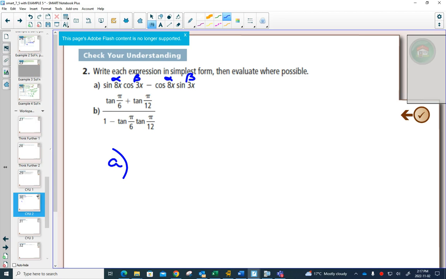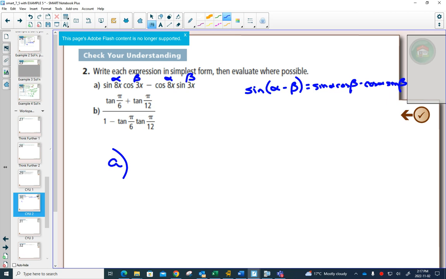So then you would look and see, is there a formula on the right-hand side that has sine alpha cos beta minus cos alpha sine beta? Yes. That is our very first one up there. The first one says sine alpha minus beta is sine alpha cos beta minus cos alpha sine beta.